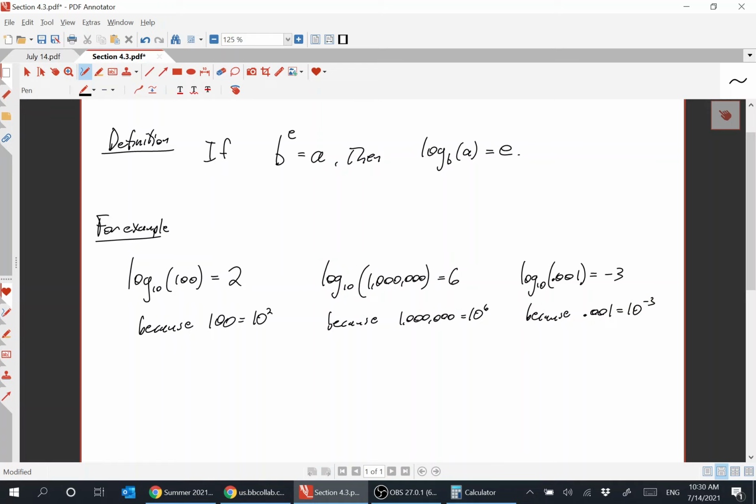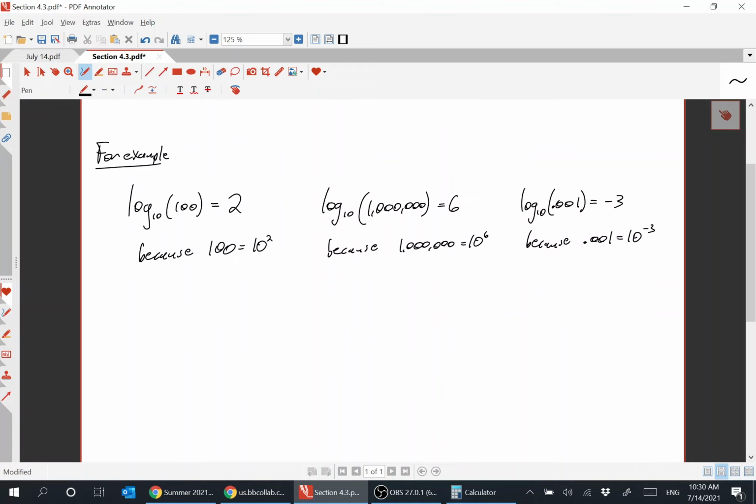So that would be some examples with base 10 logarithm. And then there are other logarithms, different bases that are commonly used. Log base 2 of 16, well, that's 4, right? Because 2 to the 4th is 16.